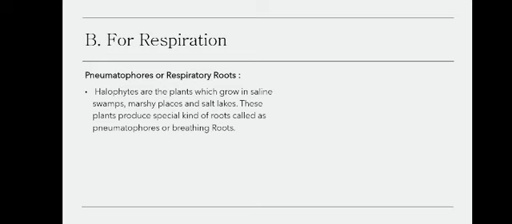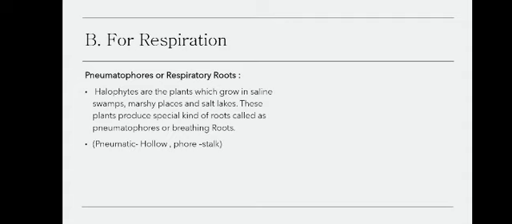In saline water, swamps or marshy places, the salt level is high. In halophytes, special roots are developed for respiration. In that process, carbon dioxide is useful, and some breathing roots are also developed to help.